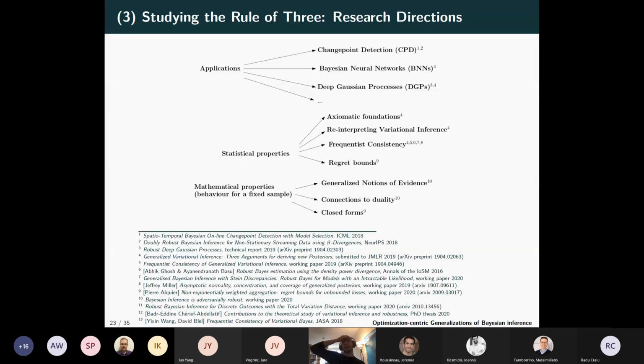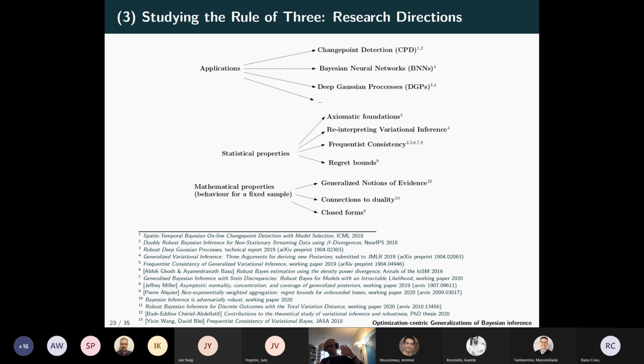Very broadly speaking, we've explored the applications or the methodology so far. There are two other areas of study, the statistical properties and the mathematical properties. When I say statistical properties, what I'm interested in is things like what happens in the large data limit.